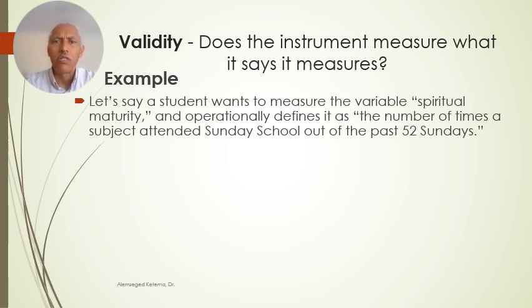You remember a construct is something you can't measure by itself, and therefore you have to operationalize it. You have to come up with different ways of measuring it. One example could be a student who wants to measure the variable spiritual formation, or spiritual maturity. Spiritual maturity is a construct, because you can't really measure spiritual maturity by itself. You can't say to me, how much is your spiritual maturity?